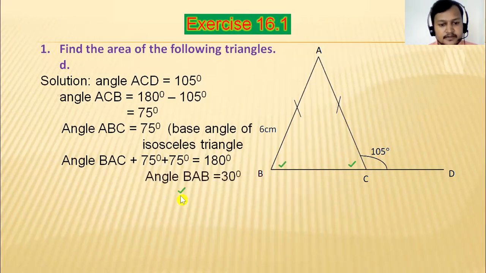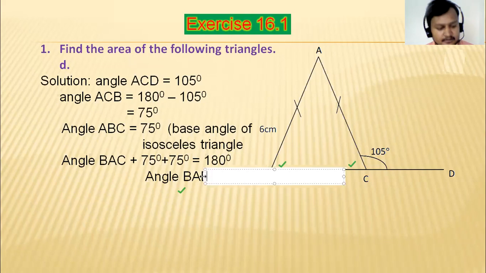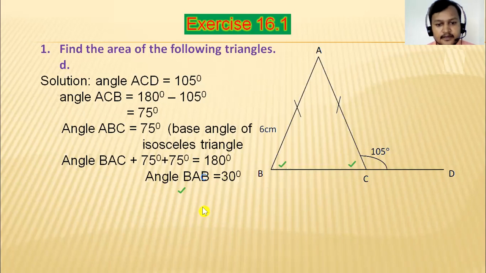So angle BAC, sorry, this must be C, not B. Angle BAC is 30 degree. Now, if we know angle BAC, write the other given things.